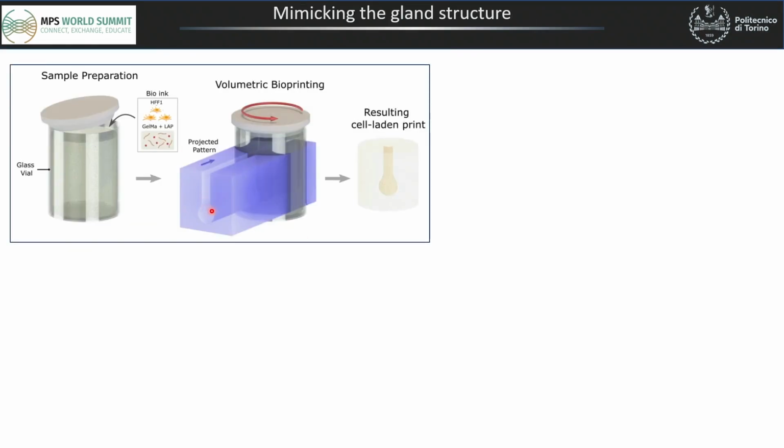So here we loaded the human fibroblasts in the gelatin methacrylate solution containing the photoinitiator, and then volumetric bioprinting was employed to obtain this 3D acinar structure.